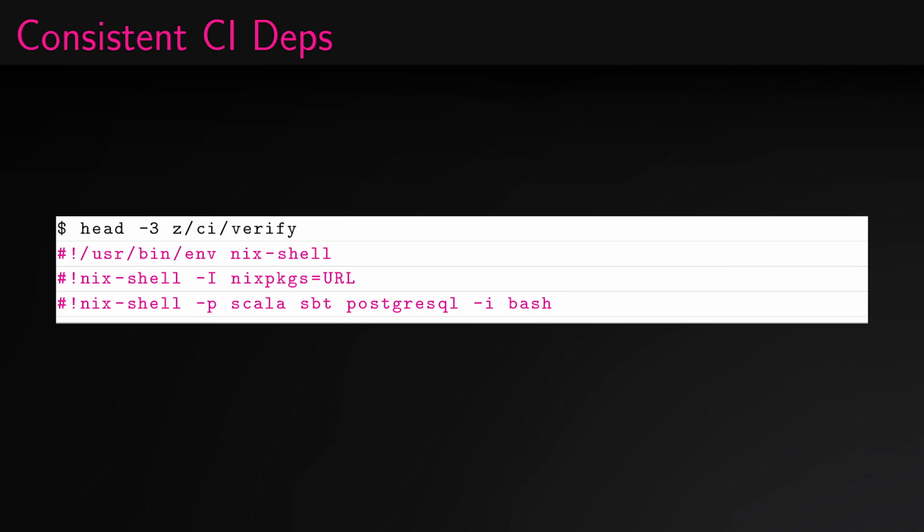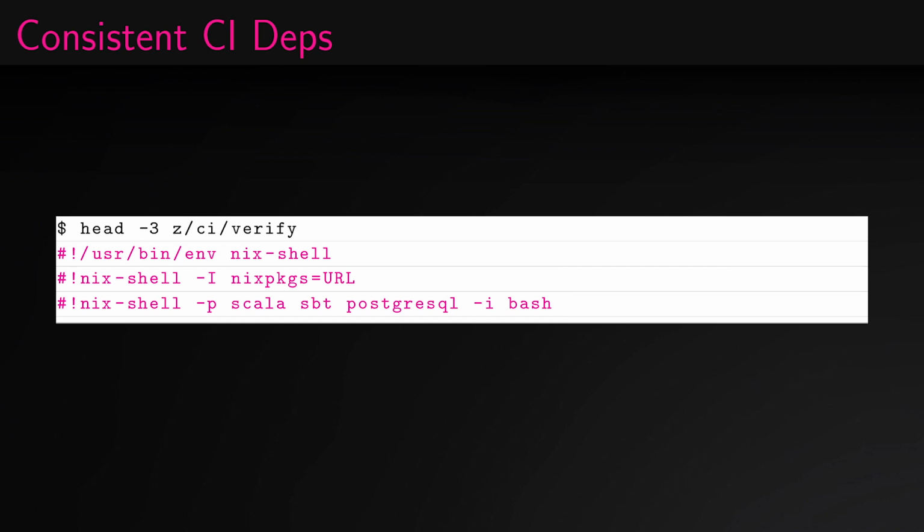And what we are able to get from that is that we can use this thing called nix-shell as a shebang. We were using nix-shell previously to get the repeatable dev environments, to load in an expression that defines all of the dependencies that we would want to be able to develop in.